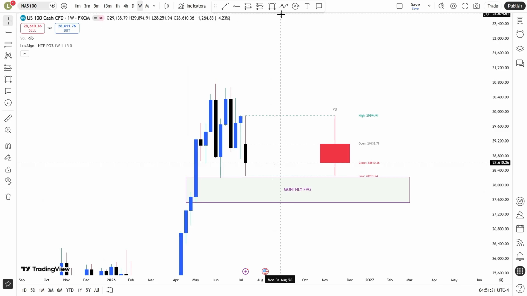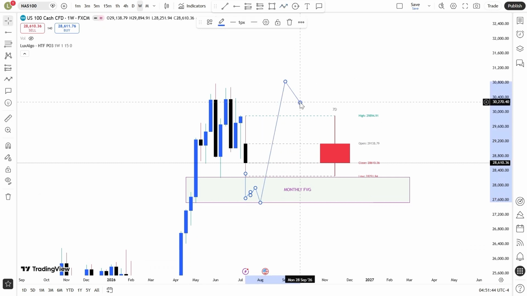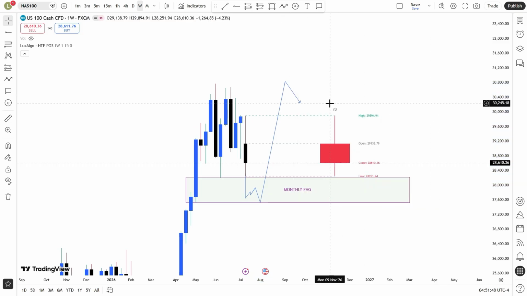I want to see price come into this and give me a reason to buy. That's what I want to see for this week. I want to see price coming through this area of the monthly FVG and give me a reason to buy.